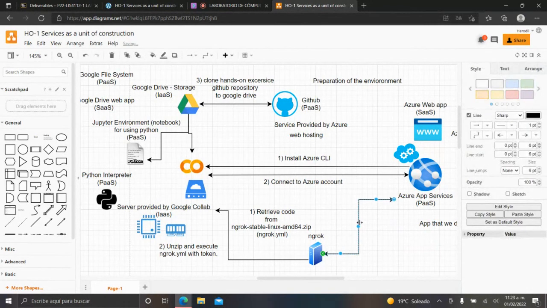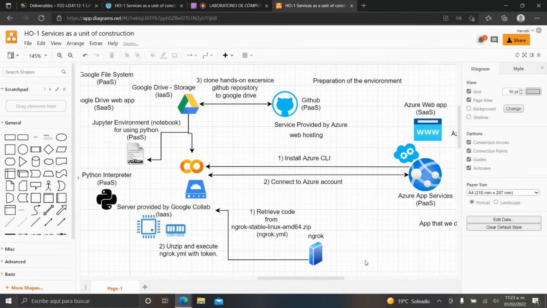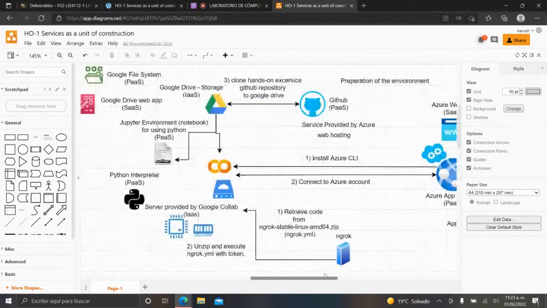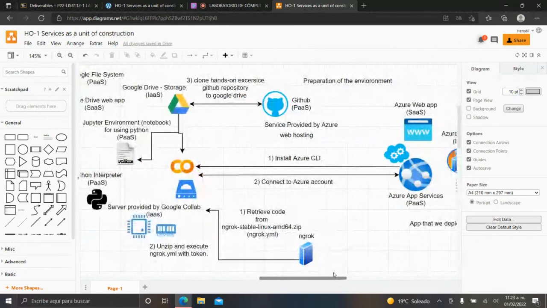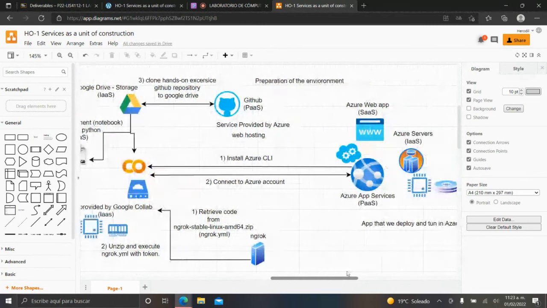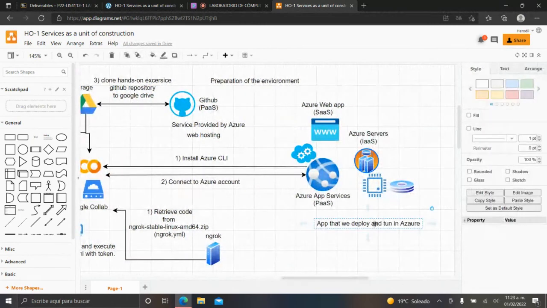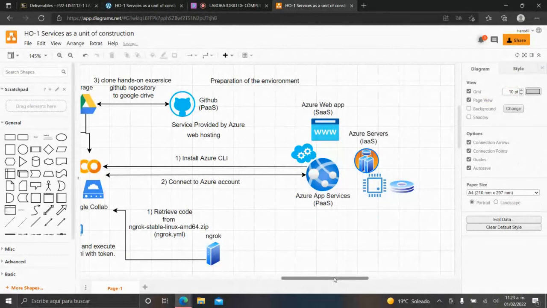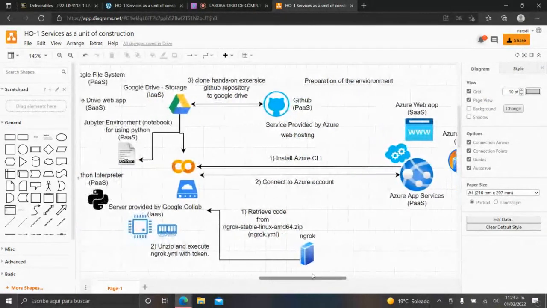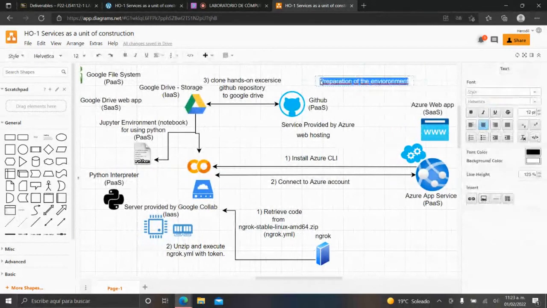Okay, so erase that. Yes, that's it. And then the application deployed on Azure also. Okay, this one. Now you have the functional architecture, preparation of the environment.